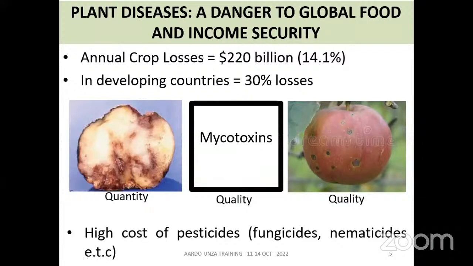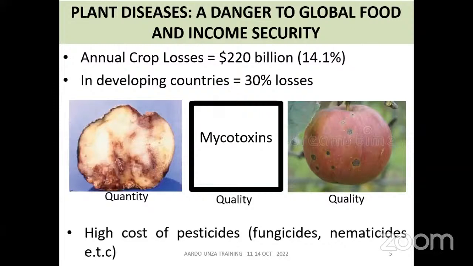So, like I said, on a global level, just losses attributable to plant diseases are in excess of $200 billion. And of all crops that are lost worldwide, 14% of that crop is as a result of plant diseases. And 14% seems like a lower percentage. It's a very high one, but it's because it's on a global scale.